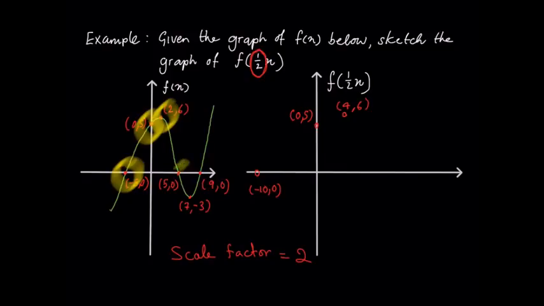The second root at 5, 0 will move to 10, 0. The vertex at 7, negative 3 will move to 14, negative 3. And the third root at 9, 0 will move to 18, 0.